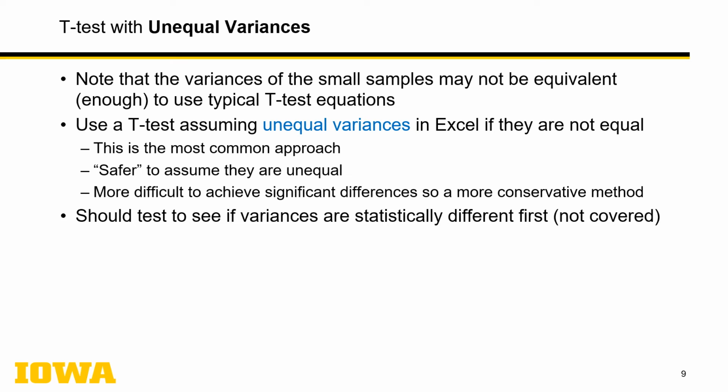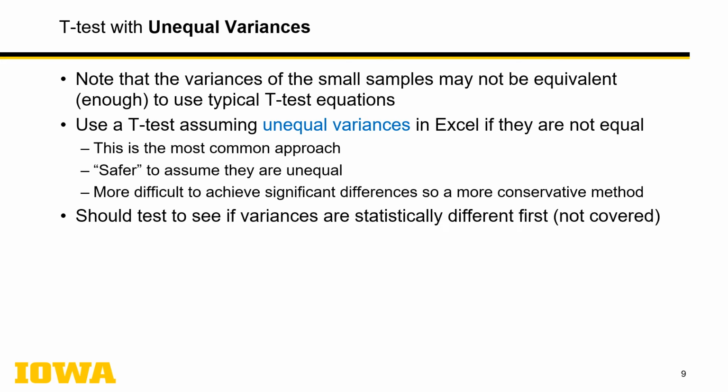Now, a note here is that there is also a t-test for unequal variances between the two samples. They may not be equivalent. So you then would use the t-test assuming unequal variances in Excel, which is another option. And again, this is actually the more common approach. It's a little more conservative. It's harder to reject.